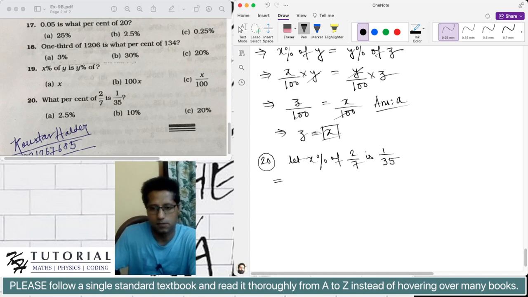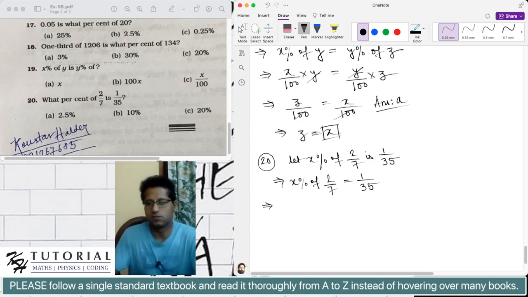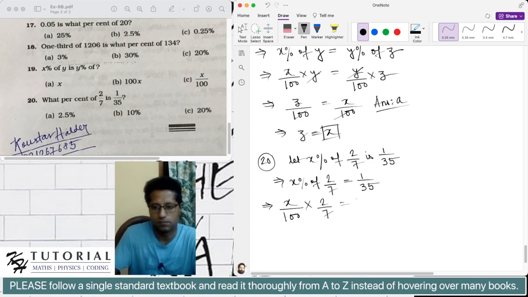So this implies x percentage of 2 by 7 is equal to 1 by 35. Now what is x percentage of 2 by 7? x percentage means x by 100. So this will be x by 100 multiplied by 2 by 7 is equal to 1 by 35.